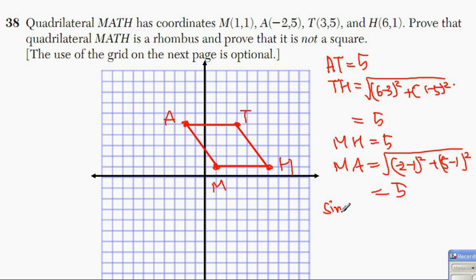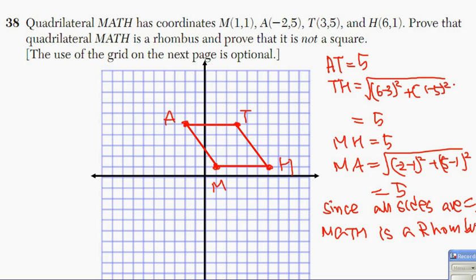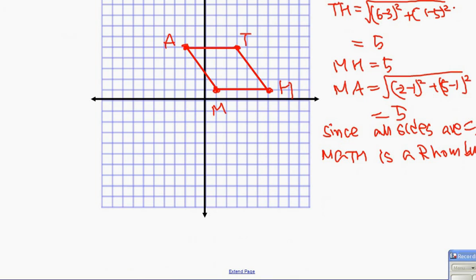Therefore, since all sides are equal, MATH is a rhombus. Now, on the other hand, it's not a square. So how are we going to do that? We just have to find the slope. So what is the slope of MH? It will be equal to 0. In consecutive sides, then maybe AM.